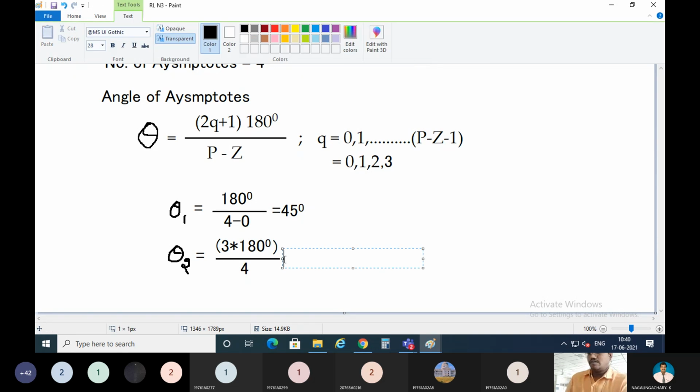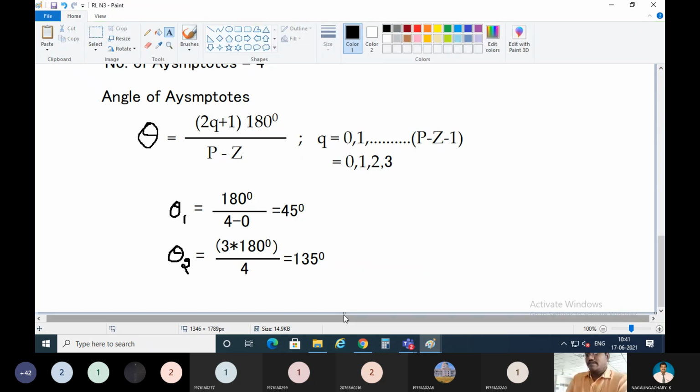That is equal to 135 degrees. So 135 degrees.